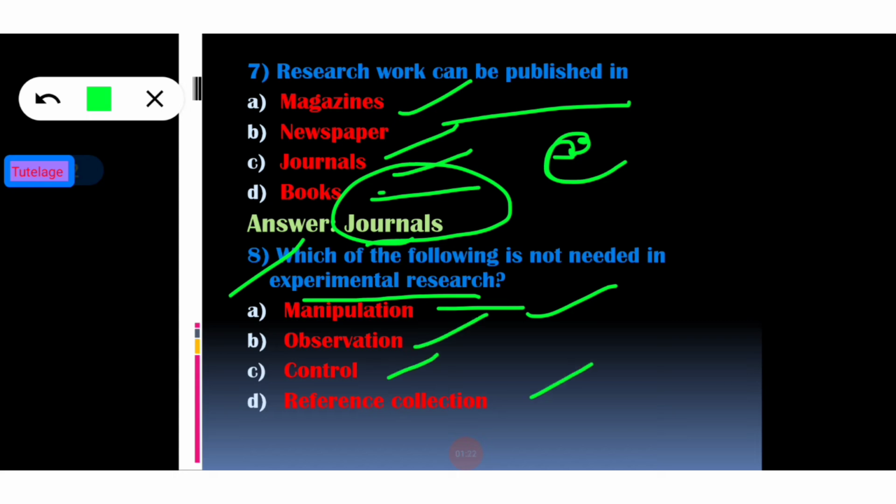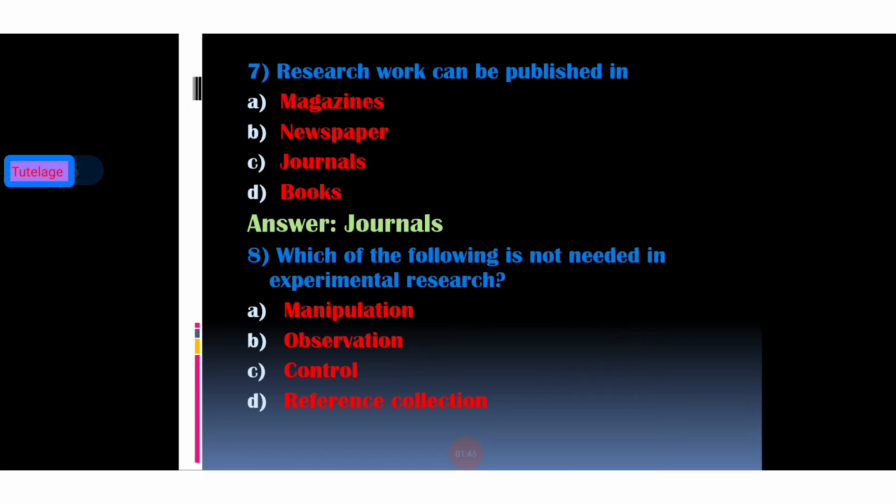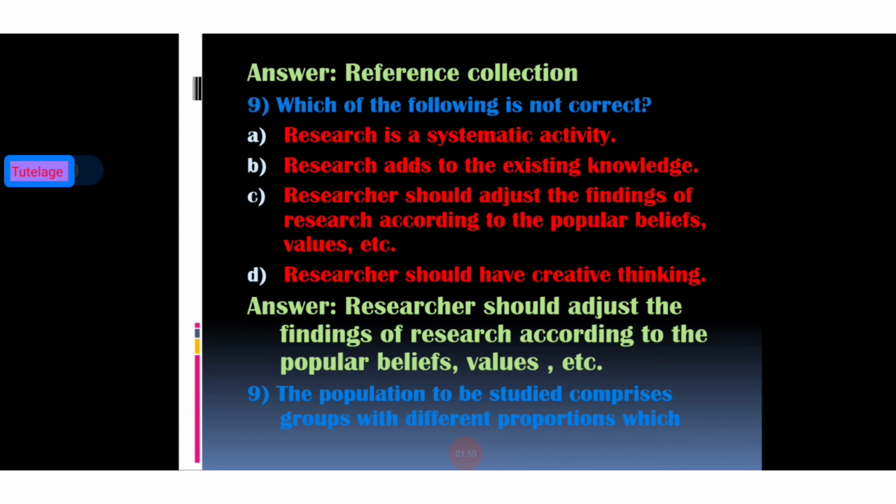We all know that experimental research basically indicates the relationship between two or more variables with manipulation of the independent variable, and there is a control. So manipulation, observation, and control are all related to experimental research. Only option number D, reference collection, is not needed in experimental research. So that's why reference collection is the correct answer for this particular question. Now move on to the next question.